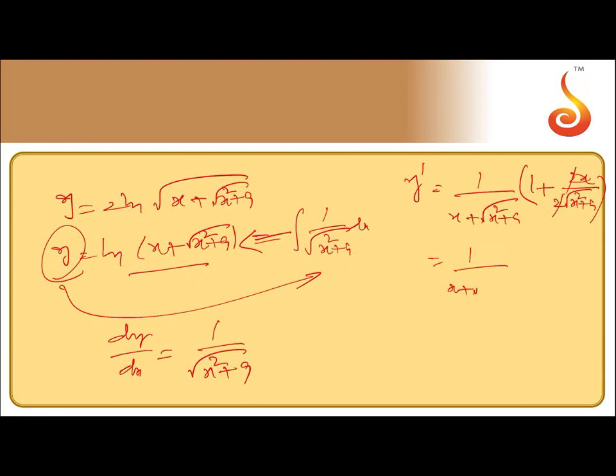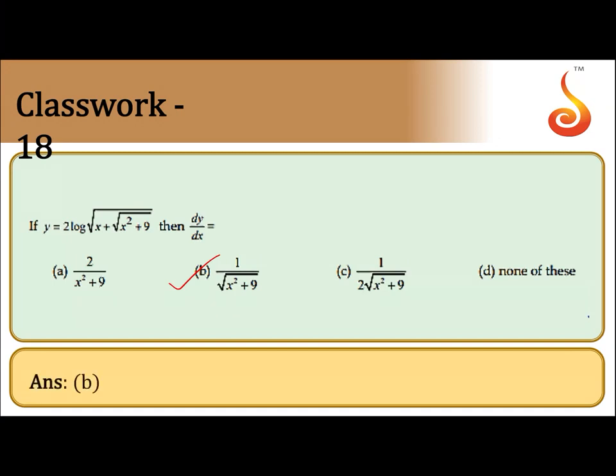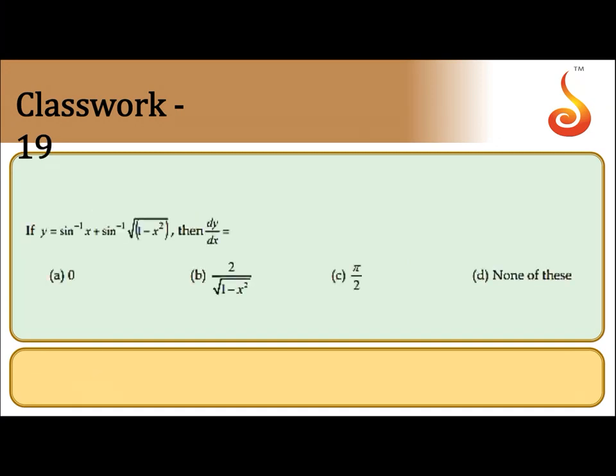The 2 gets cancelled, take an LCM, and it is x plus root of x square plus 9 divided by x plus root of x square plus 9 into root of x square plus 9. These cancel, resulting in 1 by root of x square plus 9. You can also do the direct calculation.